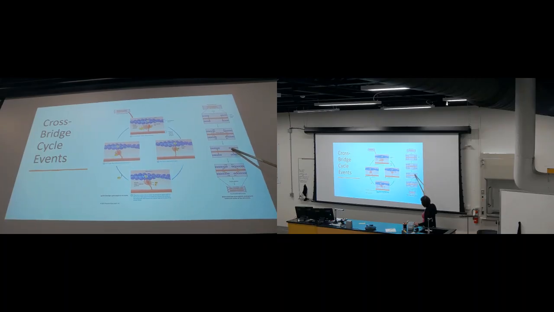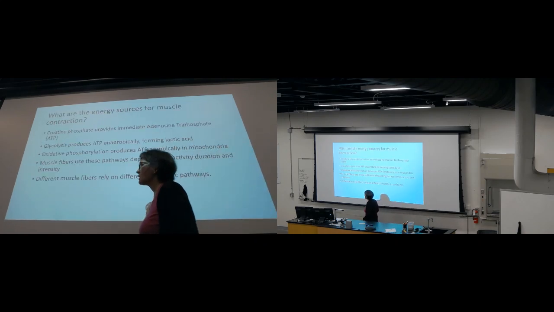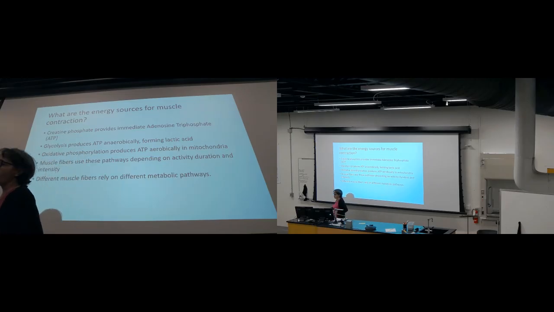And then after that happens, you will have this period where the head of the myosin is aligned, and it's going to bring it closer to the M line, and that will decrease the size of the H band in the middle of the A band. So that's the cross-bridge cycle events.